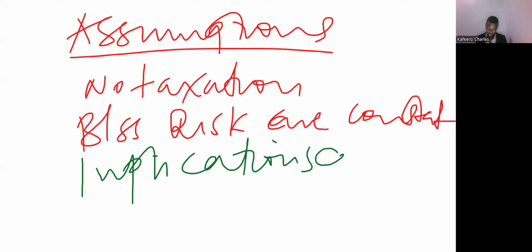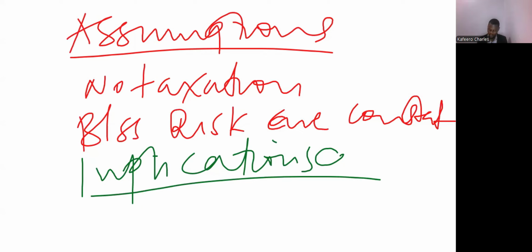Implications, depending on the graph that we drew. Since a company is always going to wish to borrow in the cheapest way possible, it should raise debt finance until it achieves the optimal level of gearing.